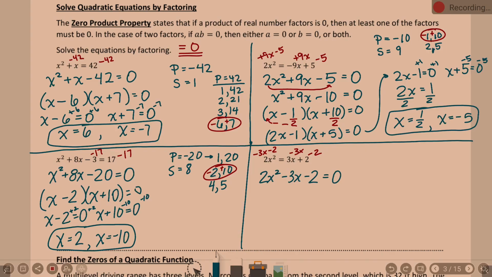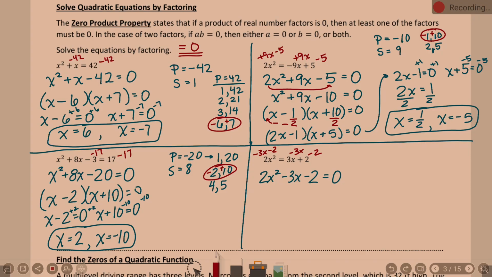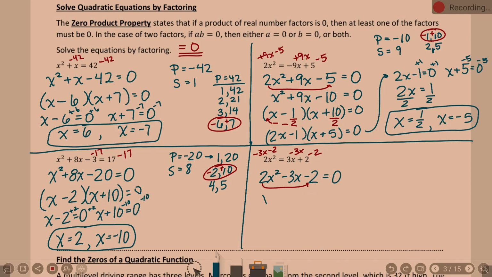What am I doing? Okay, I've got that a value. I've got that number in front of x squared. So we're going to take that 2, and we're going to slip it to the end here. So now we're just going to have x squared minus 3x, 2 times negative 2 makes it minus 4, equals 0.